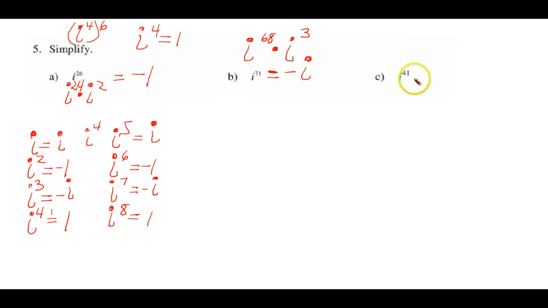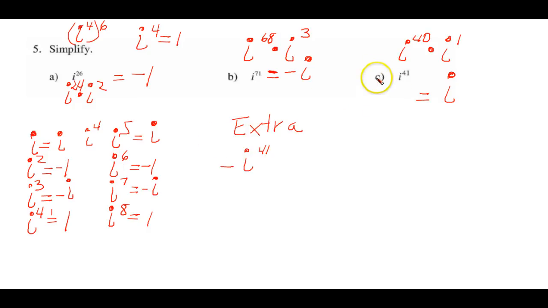Now here, this one's a little easier because I think it's easier to see. Something divisible by 4, well, that's 40. So all of this is just a 1 times i to the first. So letter C is just i.